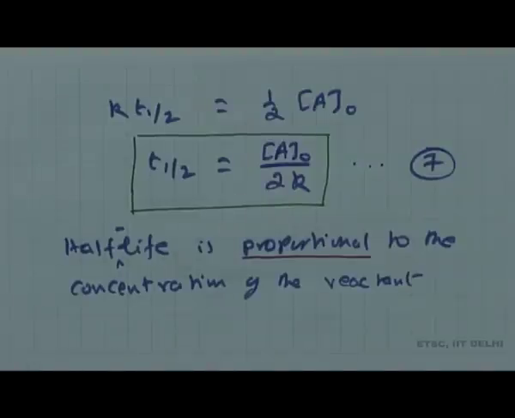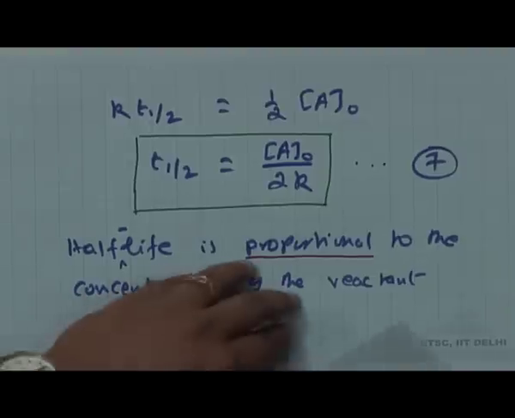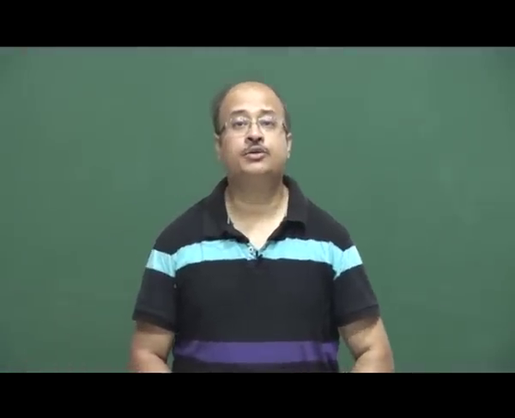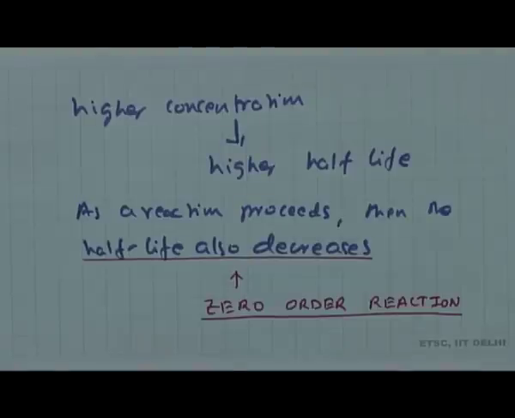So, what it means is that the half life is proportional to the initial concentration of the reactant. In other words, the higher the concentration, the higher is the half life.